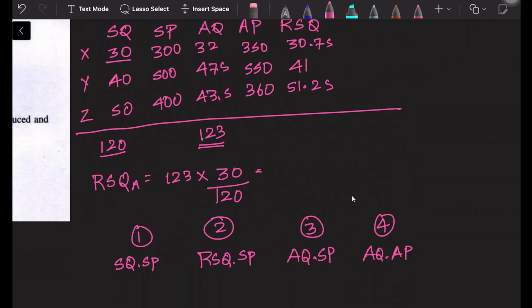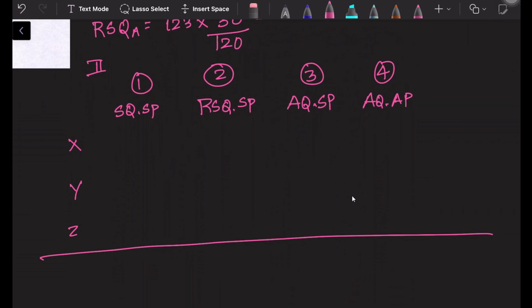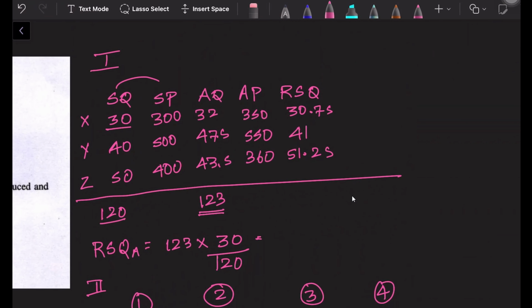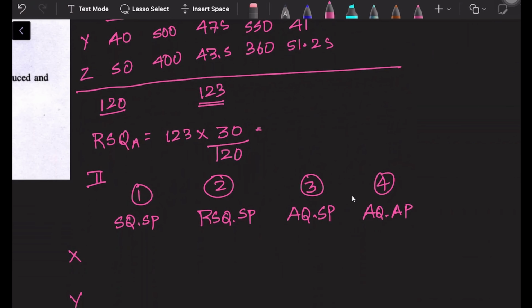What is the second step? You prepare the factors table. So first one is SQSP, last one is AQAP. How do you do this? SQSP, AQAP, AQSP, then RSQSP. So here you were saying, sir, this is confusing. How do I remember? Simple. Except for the last one, always the price is compared to standard only.